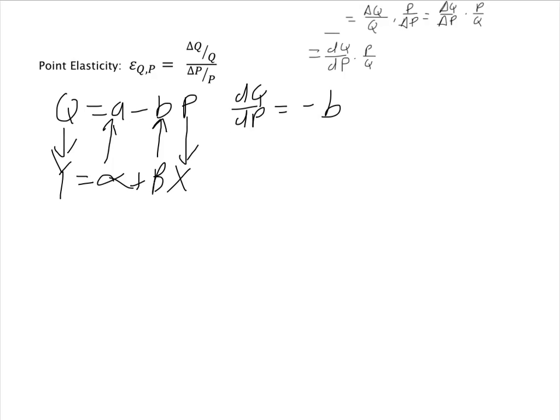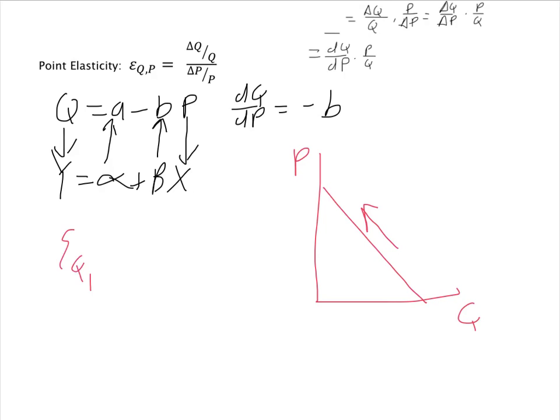Unfortunately, experience with real-world data tells us that few, if any, demand curves are really linear. Along a linear demand curve, as price rises, demand becomes more elastic. So the elasticity is equal to dQ/dP, which is just a constant negative B, times P over Q. As P rises, Q falls, and the elasticity of demand increases.